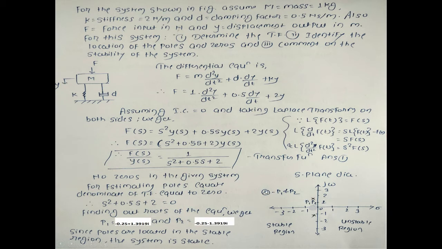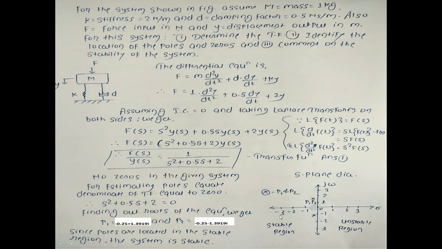The imaginary part is first plus 1.3919i, and another one is minus 1.3919i. That is the second one over here.